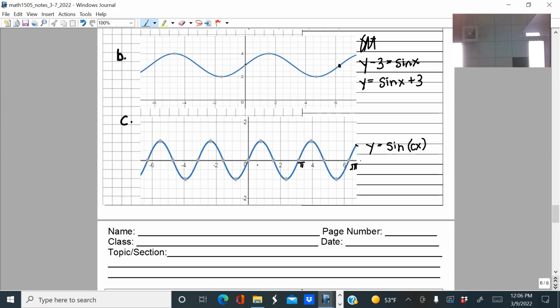But this one makes it through 2 periods from 0 to 2 pi. Normally the sine curve goes up, down, up again from 0 to 2 pi. This one does that cycle twice from 0 to 2 pi. So we can think we're shrinking it here by a factor of 2.